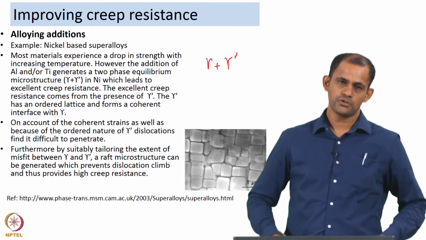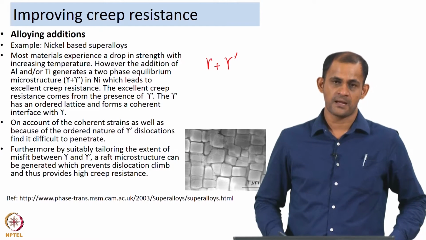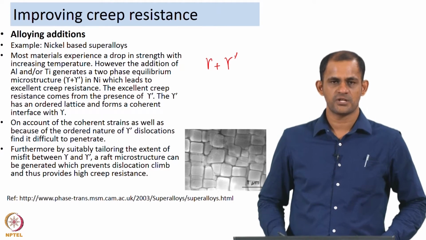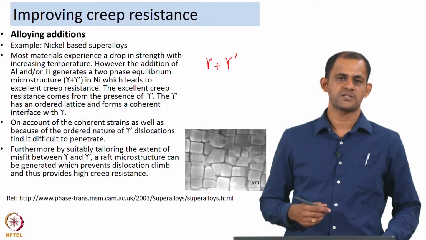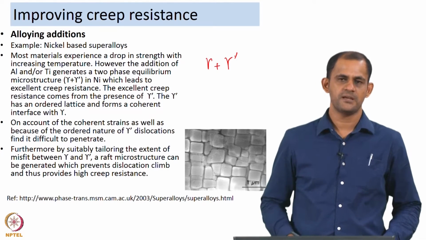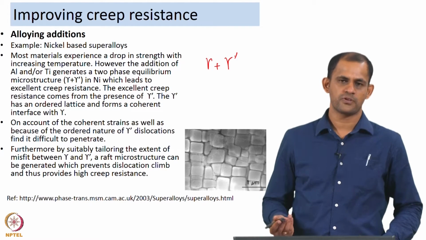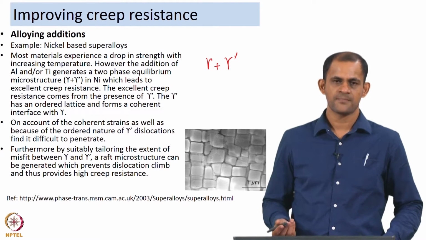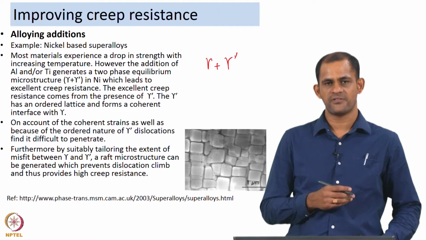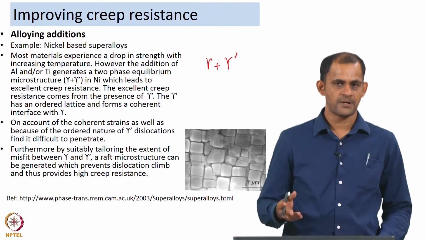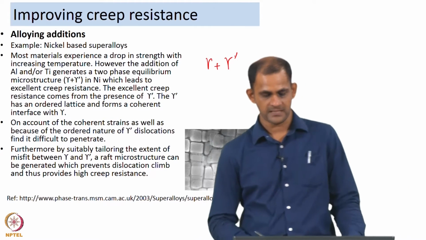In addition to the coherency strains, gamma dash is also an ordered lattice, and because of the ordered nature of the lattice, dislocations find it very difficult to penetrate the gamma dash material. So, it is a strong material on account of the ordered lattice, and dislocations find it very difficult to move from the matrix, that is gamma, into the gamma dash phase.